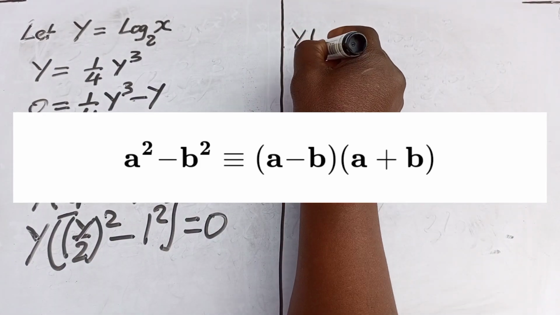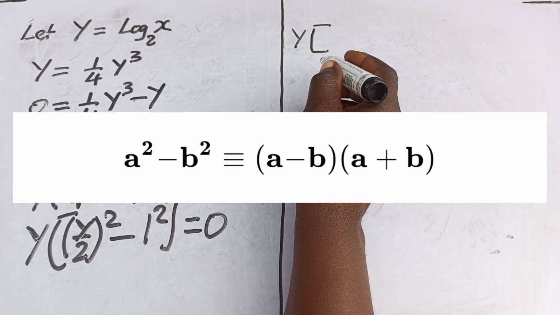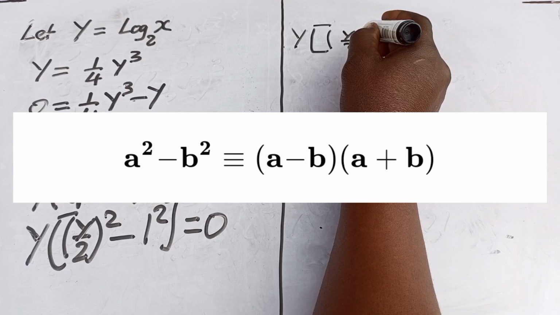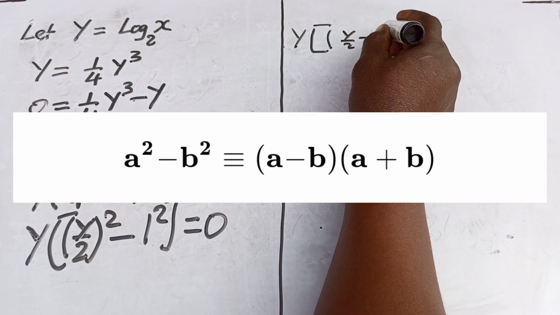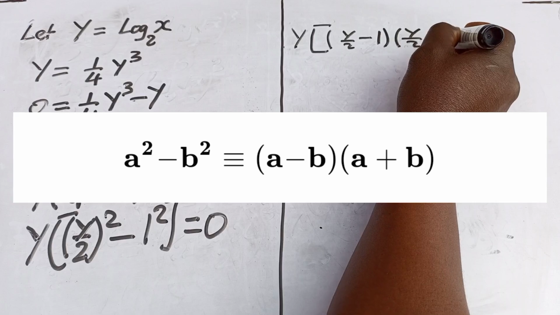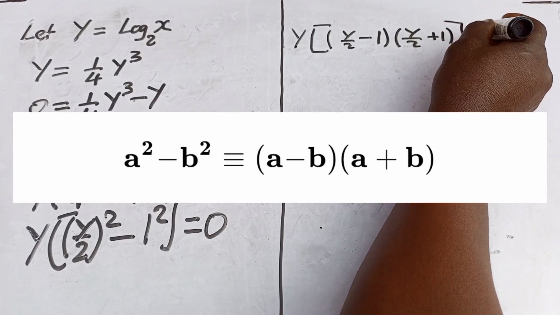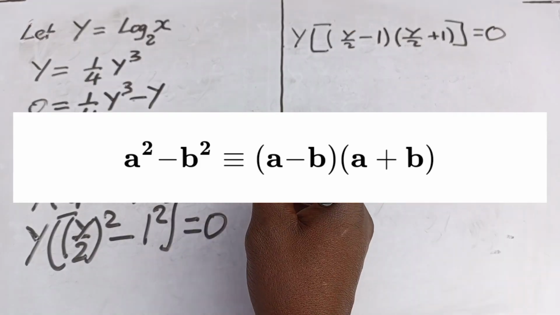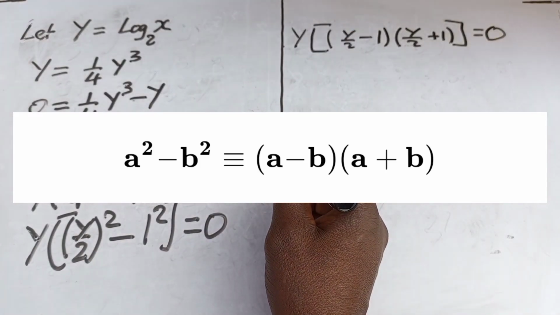We have y times (y all over 2 minus 1) times (y all over 2 plus 1) equals 0. Okay, this is the expression we get after applying the difference of squares identity.